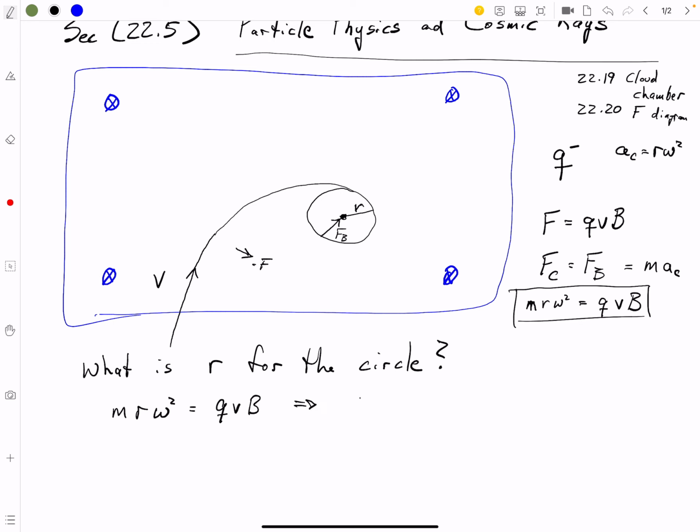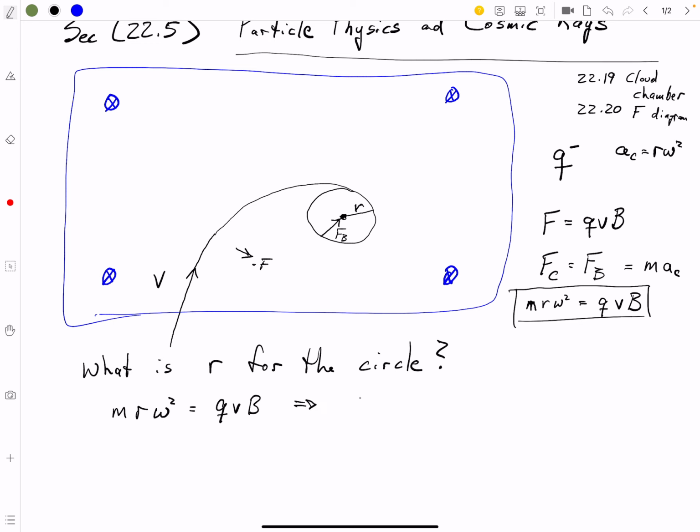All right, fine. But now we have to do something. We know that there's a relationship between V and omega, right? So what is that relationship? V equals r omega.